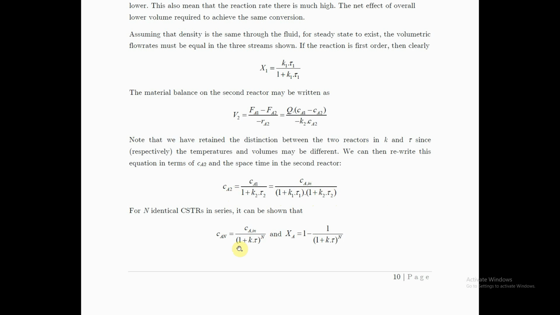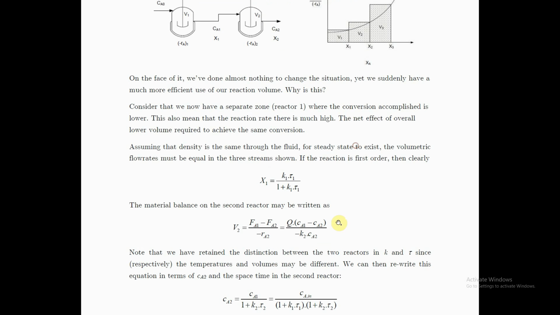And so generally you can say for n identical CSTRs in series, you can get the concentration coming out of the nth reactor simply as Ca in divided by 1 plus K tau raised to the power n. And if you look at this, you can say, well, I can estimate my conversion quite easily. I can say Ca in minus Ca n over Ca in. You can see that's going to be this form.